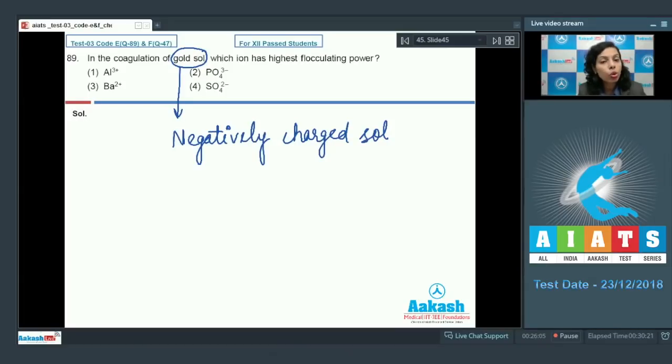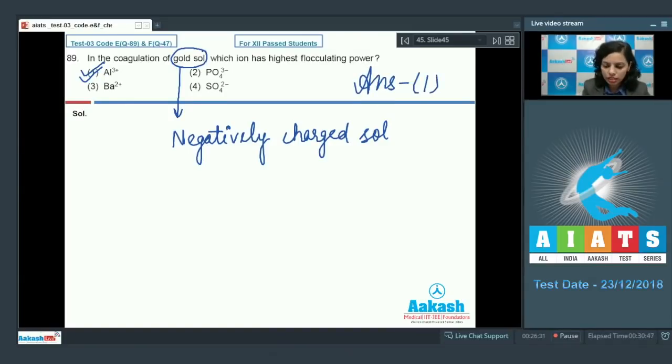And the cation with more charge would have more flocculating power. So in this case, only two cations are given here, Al3 plus ion and Ba2 plus ion. In these two, the charge on the aluminium ion is more. That is why it will have more flocculating power. So in the given options, the highest flocculating power is with the aluminium ion, and that's why this is the answer that we should choose here.